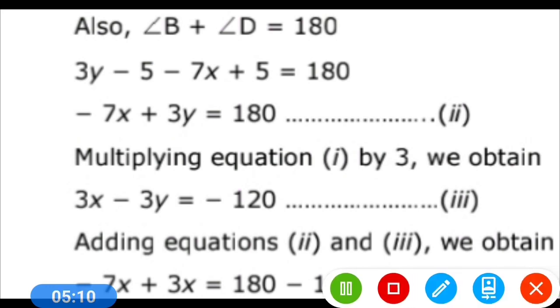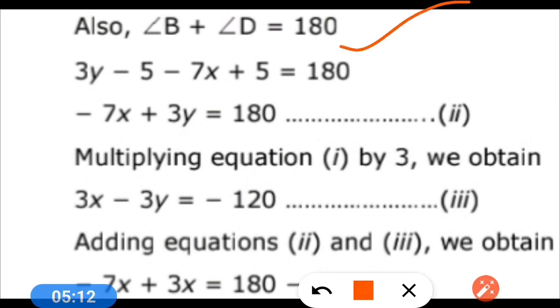Now for getting the second equation, we put the values in B plus D equals 180. This is the other pair of opposite angles. So B plus D is 180, but B was given in the question as 3y minus 5 and angle D was minus 7x plus 5. So B plus D is 3y minus 5 minus 7x plus 5 equals 180.